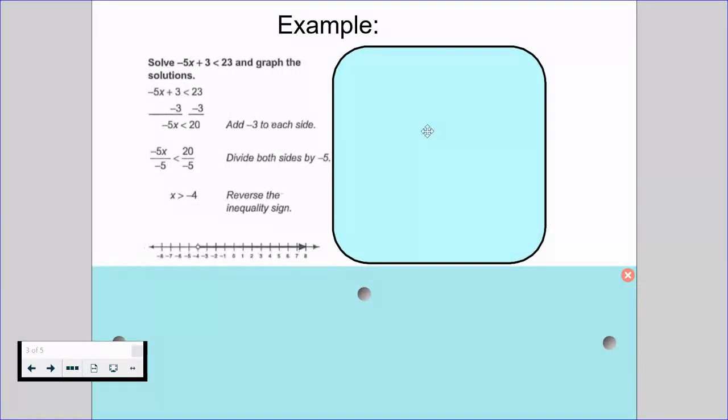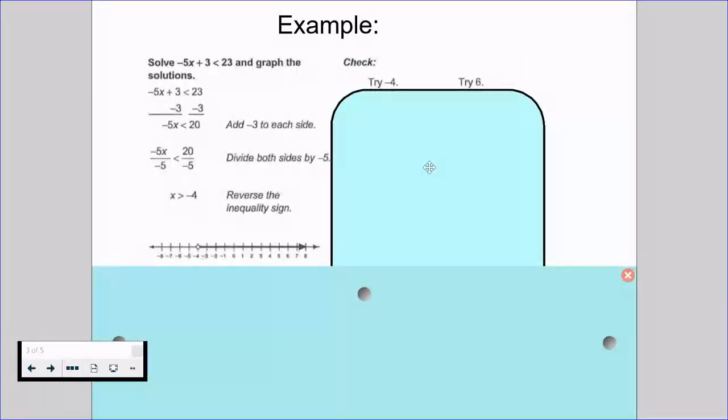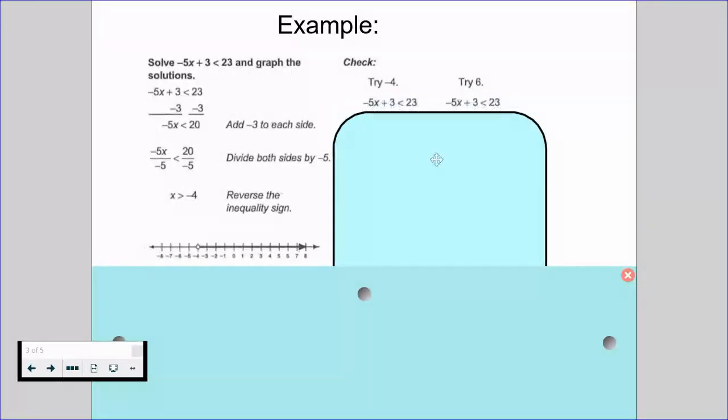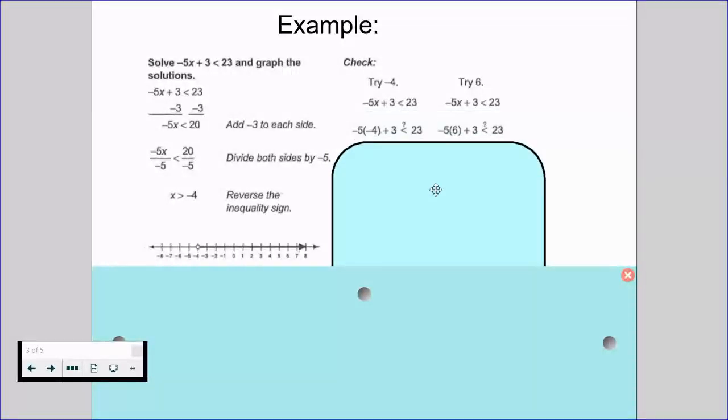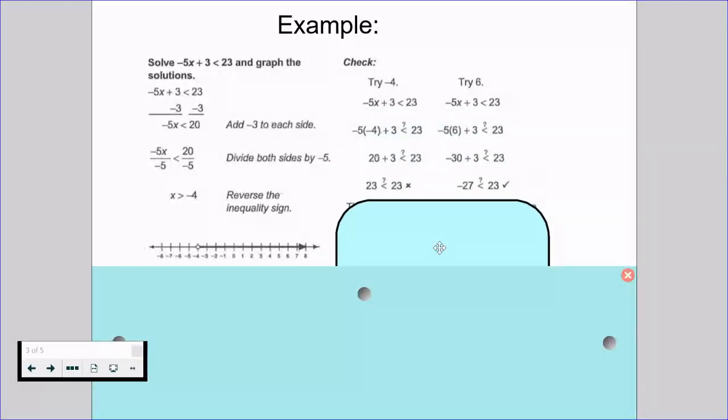Let's talk about how we are going to check this, because we always want to make sure that we have our answer correct. There's a couple different ways to check it. We're going to use negative 4 as a possible answer and 6 as a possible answer. When we substitute them back in, we receive 23 is less than 23, which is not true, and 27 is less than 23, which is true.